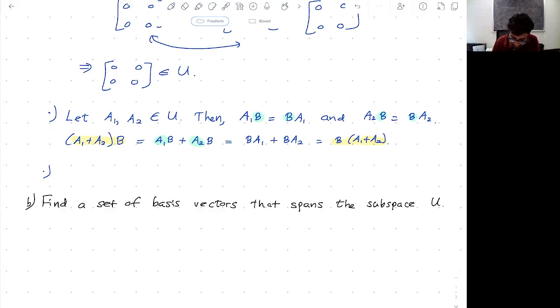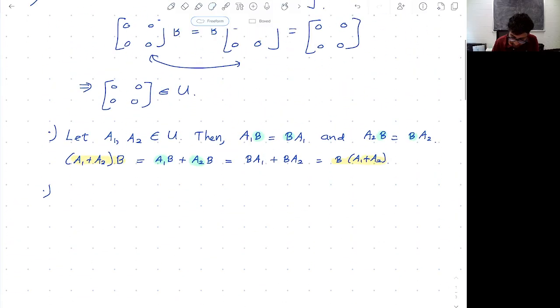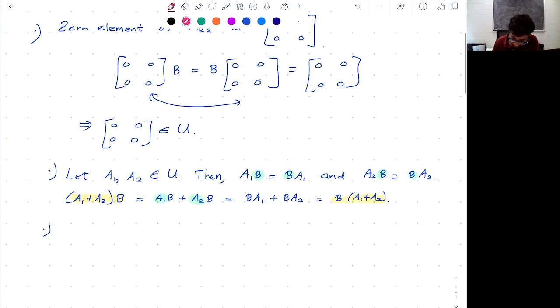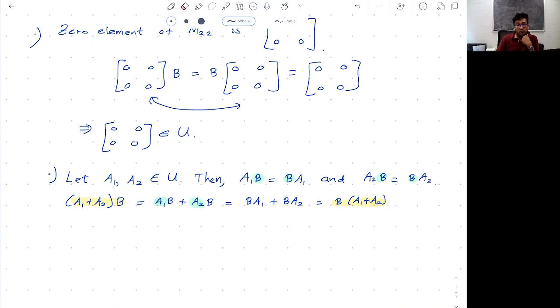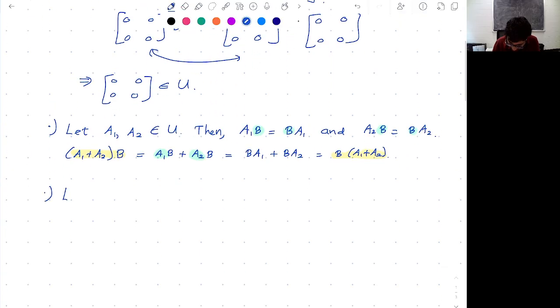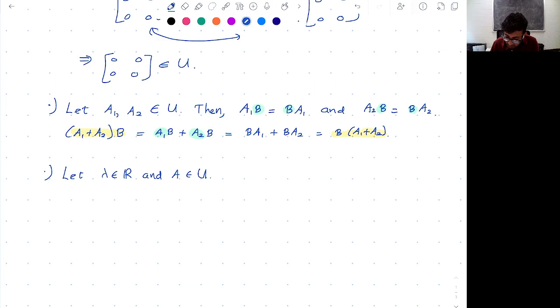Then I would pick some scalar lambda, and I have to show that lambda times any matrix in the subset U also belongs to the subset U. So let lambda be any real number, and A be any matrix in this subset U. Since A belongs to U, can I say AB is equal to BA?